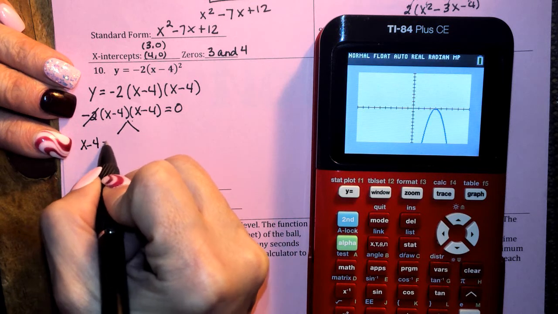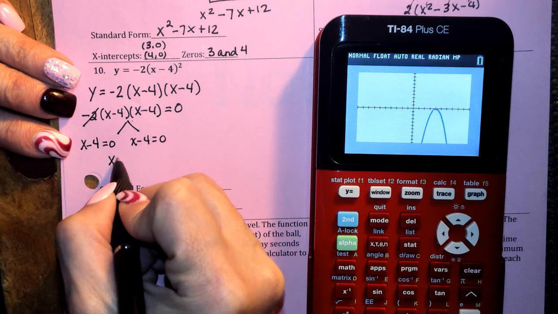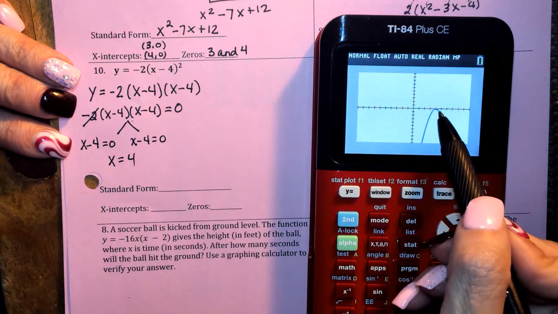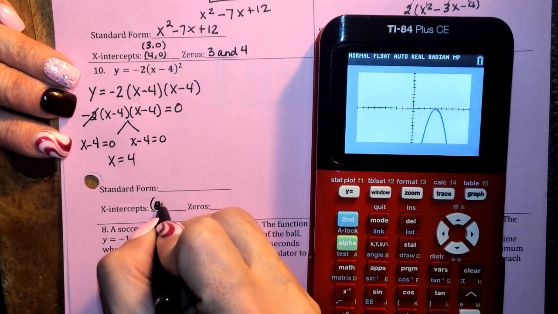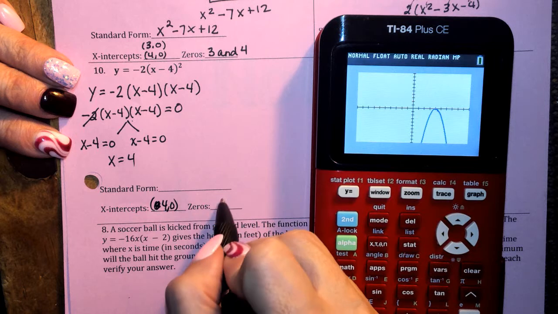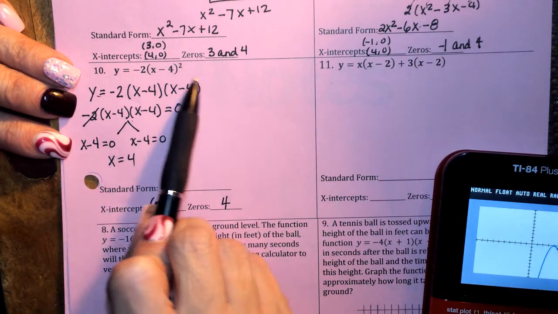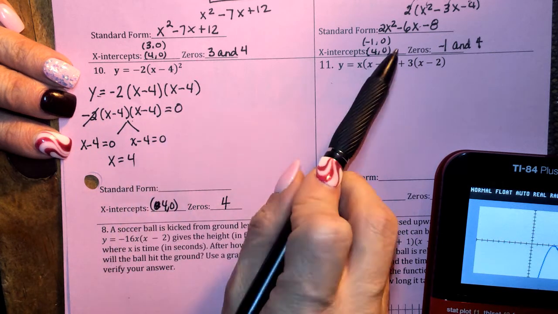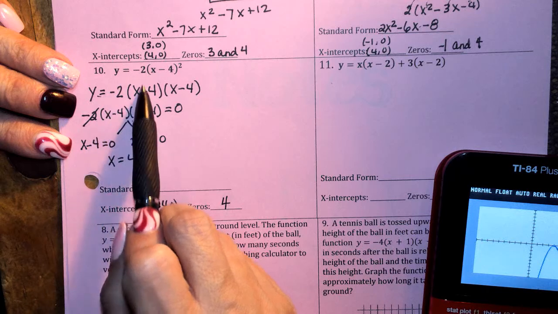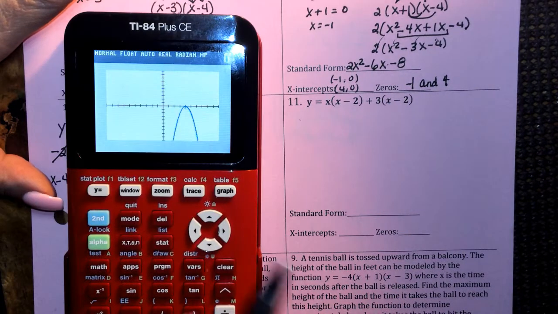X minus 4 equals 0, and x minus 4. It's the same thing. So basically, x equals 4. That's the only 0 I have. So the x-intercept is at (4, 0), and the zero is at 4. Standard form, though, I'm going to have to remember I've got to expand it out. So I need to multiply all this, just like I did up here, and at the very end, take that negative 2 across. All right. You can pause your video and do that.